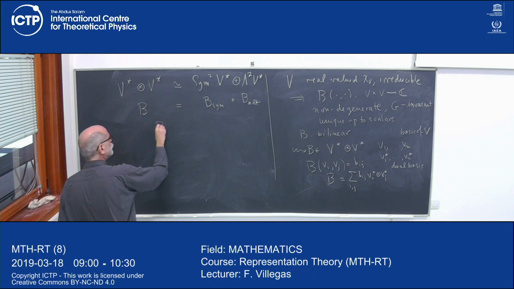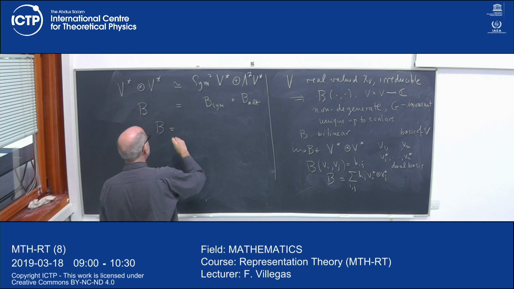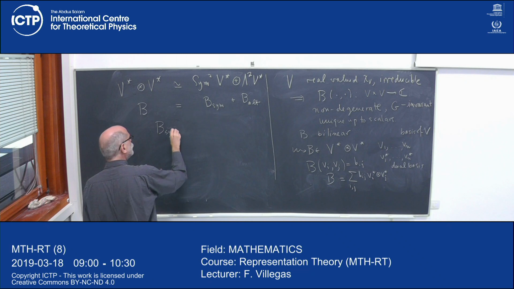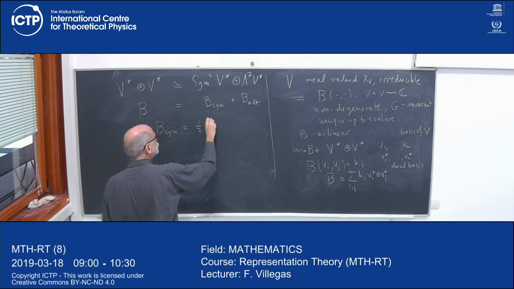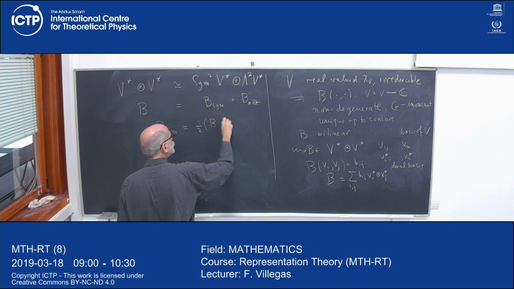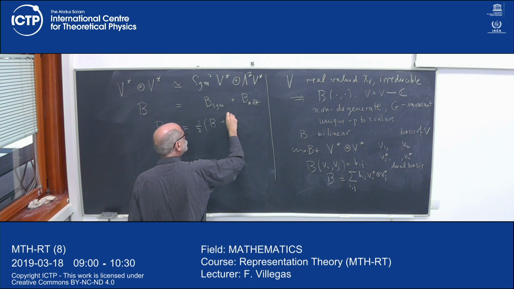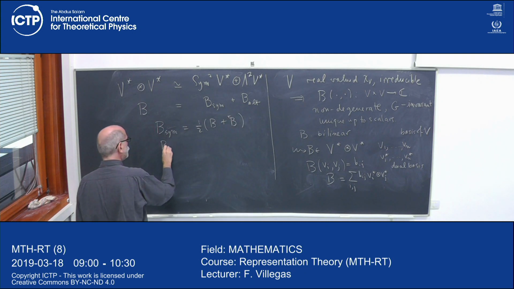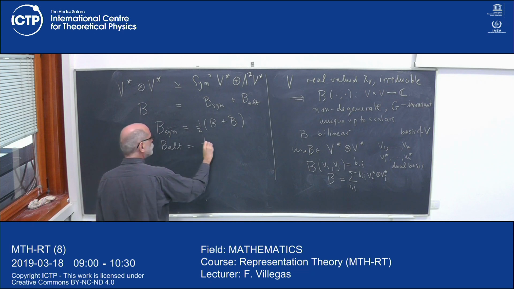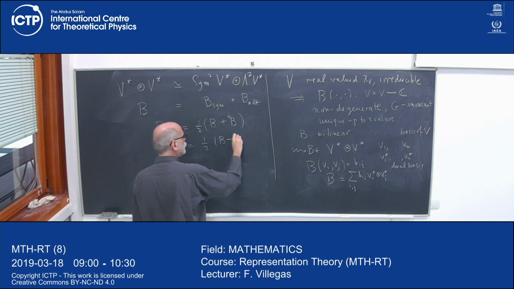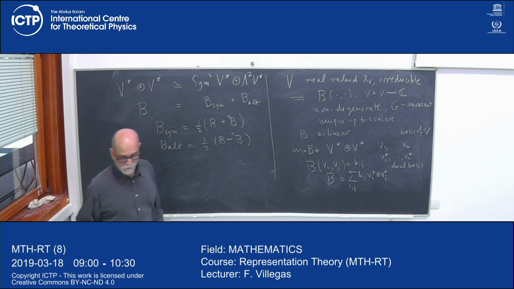If you want to think of this concretely, this is simply saying that you can write a bilinear form as a symmetric thing plus a skew-symmetric thing.